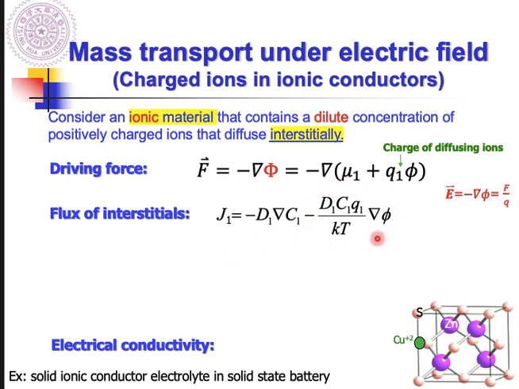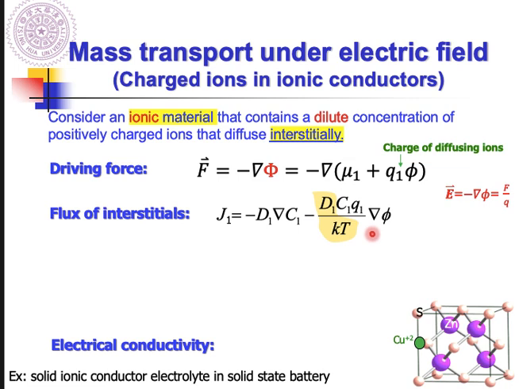And the second term is due to this driving force. So it will be the mobility, concentration, and the driving force. Minus Q1 is a constant. You take this out and take the gradient on the electrical potential. So we get the flux of interstitials.